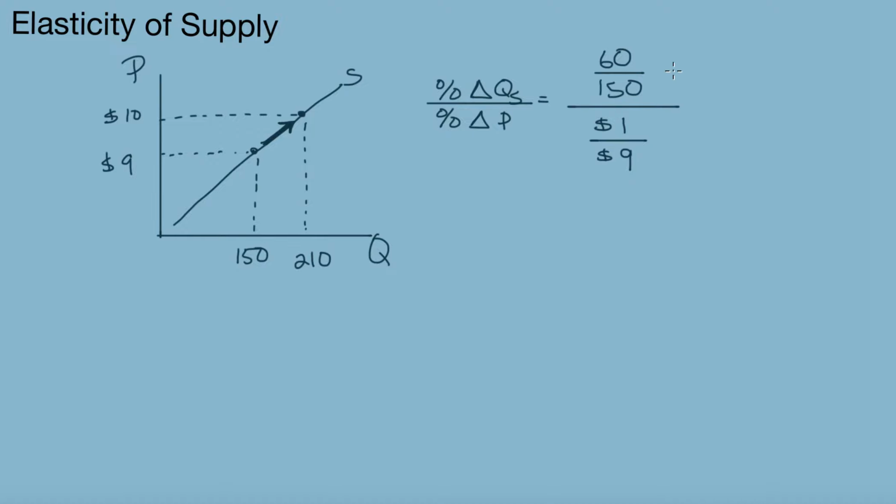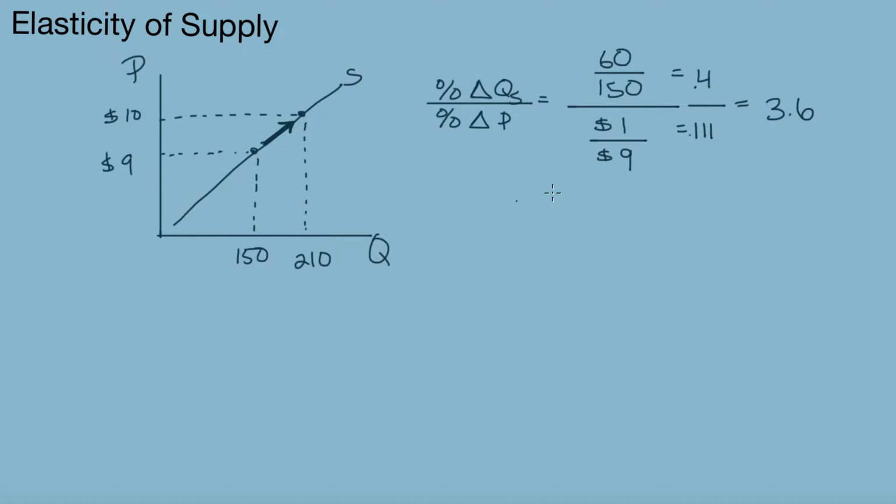So 60 divided by 150 is 0.4 or 40%, and 1/9 is 0.1111. So the elasticity of supply here is roughly 3.6. Okay, so what does that mean?